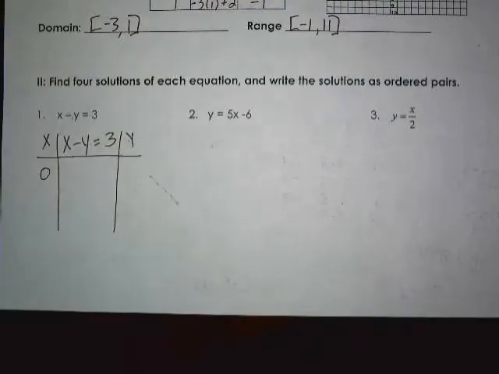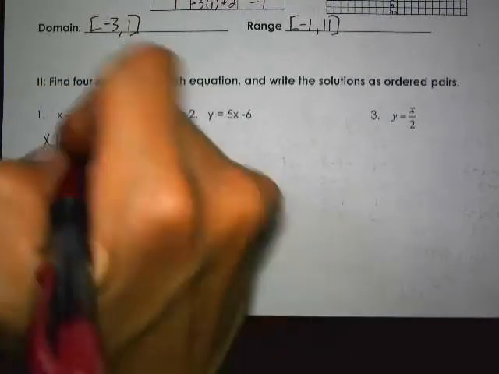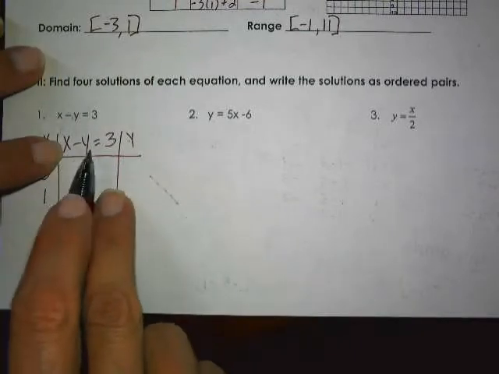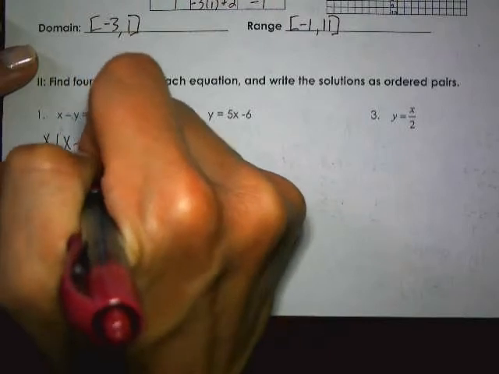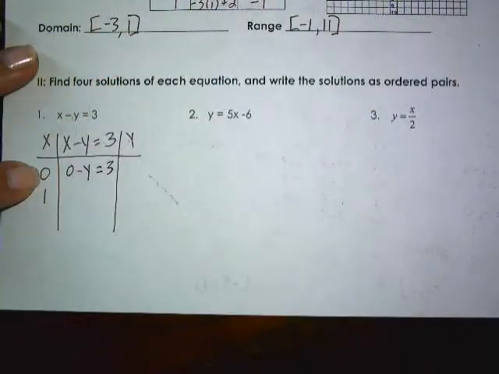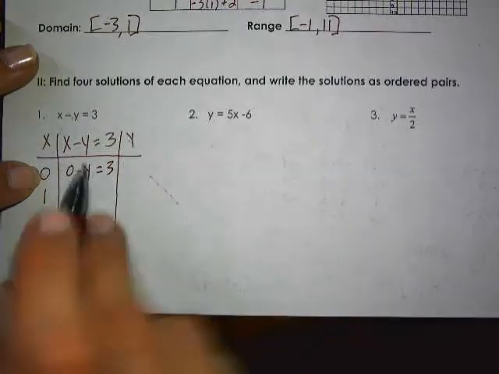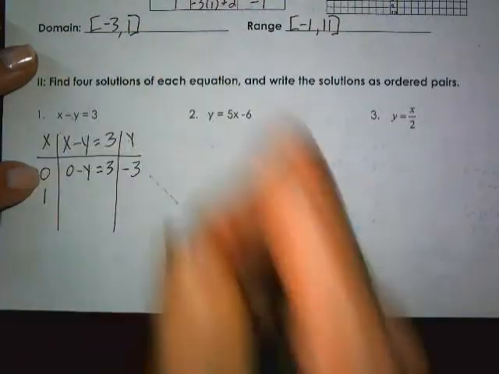So 0 is always a good one because it usually makes solving pretty easy. And then I'm going to do 1. So we're going to just take our 0 and our 1 and each plug it in for our x. So 0 minus y equals 3. If we solve for y, we get y equals -3.